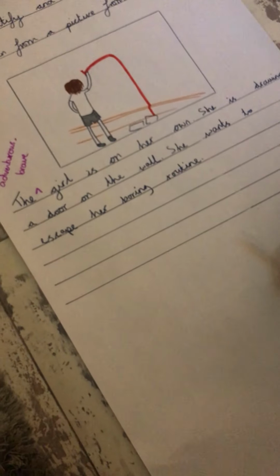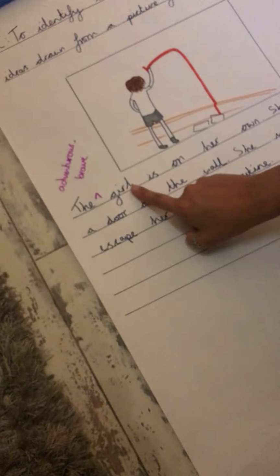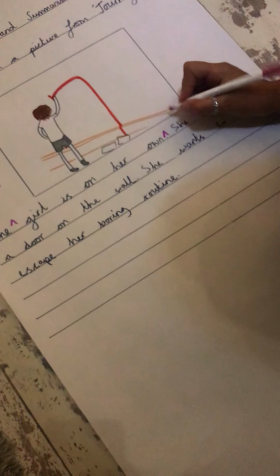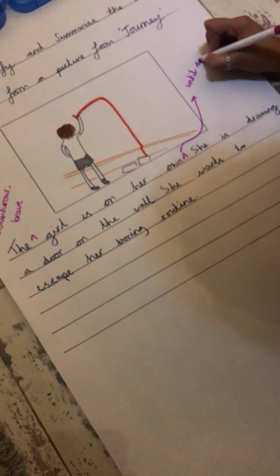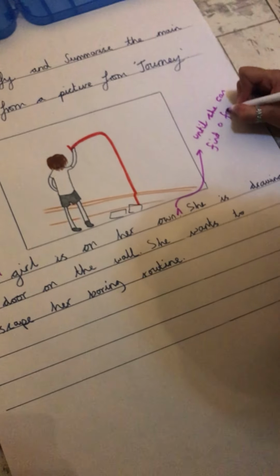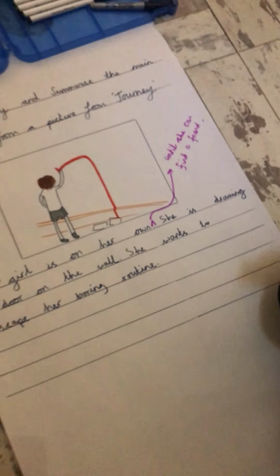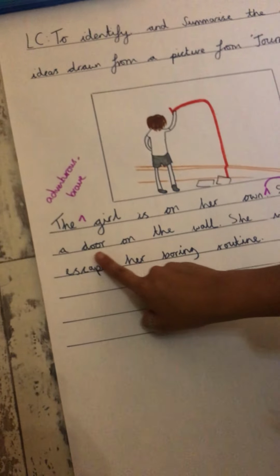I wonder why she's on her own. So I'm going to extend my sentence. Can you tell me a conjunction I could use to extend my sentence? I'm going to use the word until. The adventurous brave girl is on her own until she can find a friend. Full stop. Next sentence. She's drawing a door on the wall.